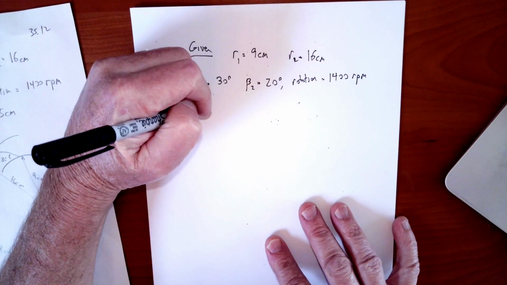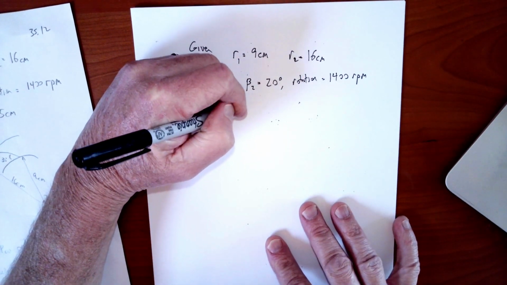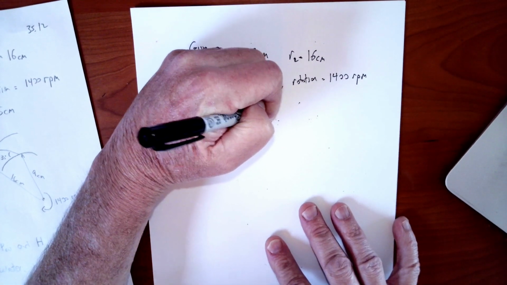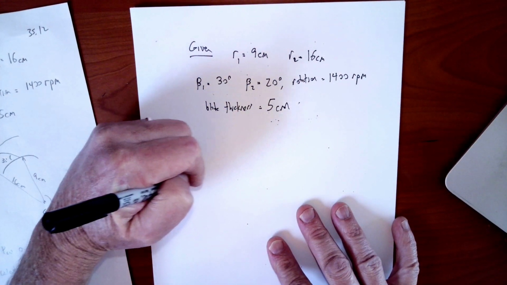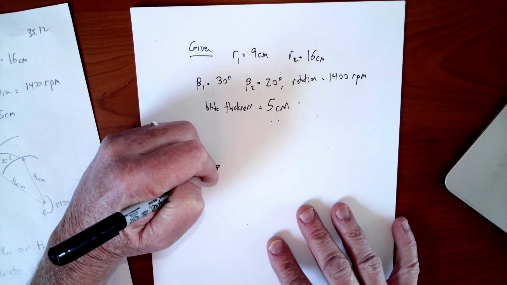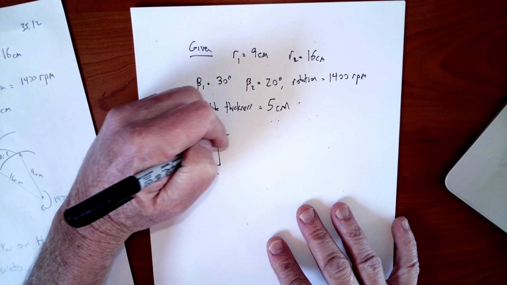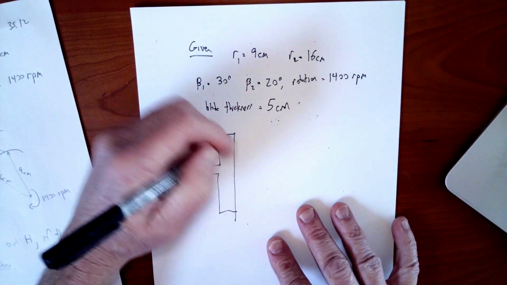And finally, the blade thickness is equal to 5 centimeters. Draw a picture so you know what the blade thickness is. If you looked at this pump, we have some kind of pipe bringing fluid into the pump, and then you have the region with the blades, which would look something like this. It's a circular region.